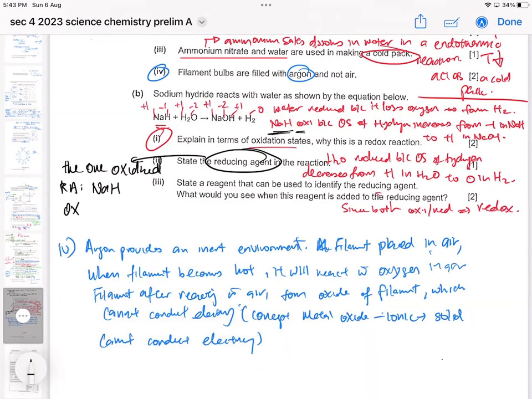The question didn't ask for the oxidizing agent, but we'll just do it as practice. The oxidizing agent will be the one that's reduced. So it's actually H2O. This one is because it is reduced. Okay, any questions for B part 2?